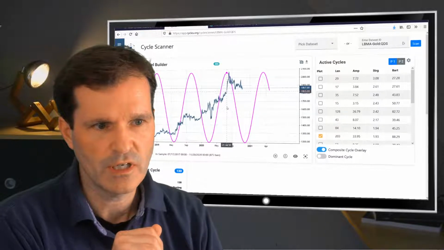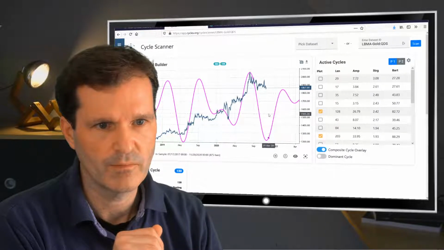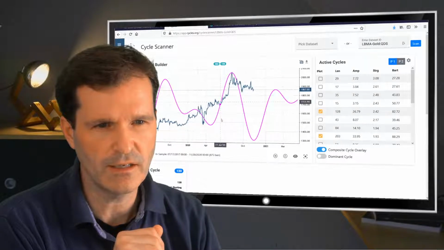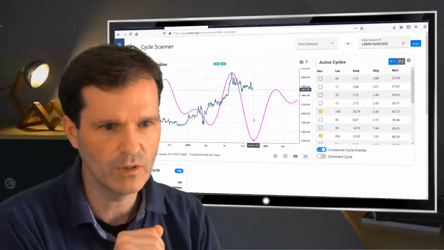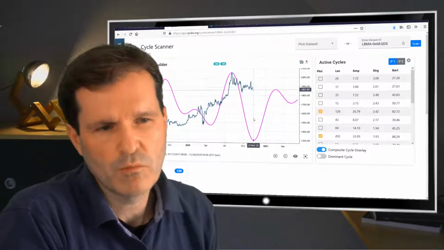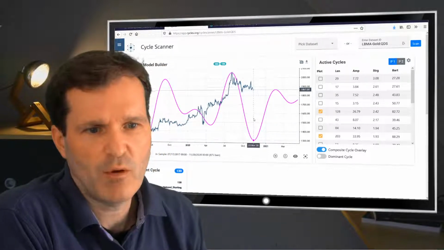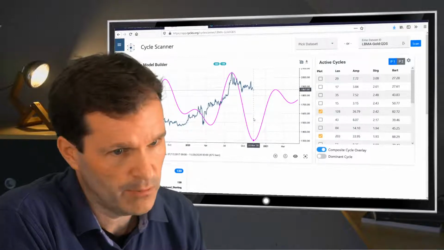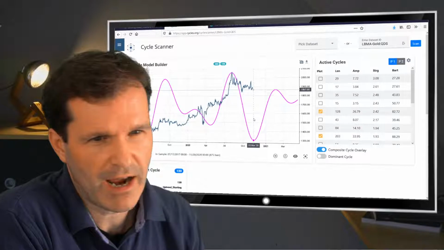This is the story of the 2 dominant cycles in gold, which mainly shows that we are approaching the projected bottom of these 2 cycles right now.